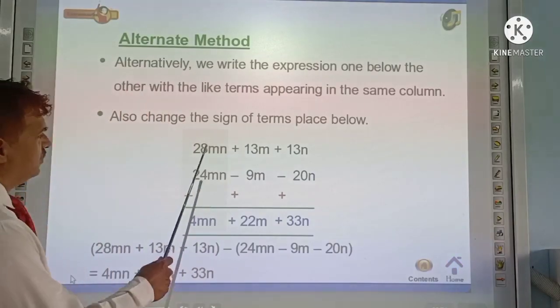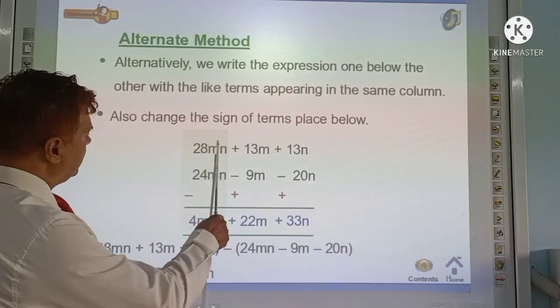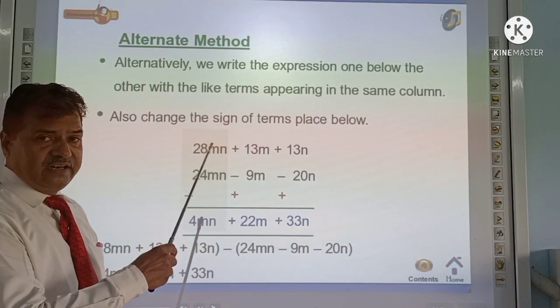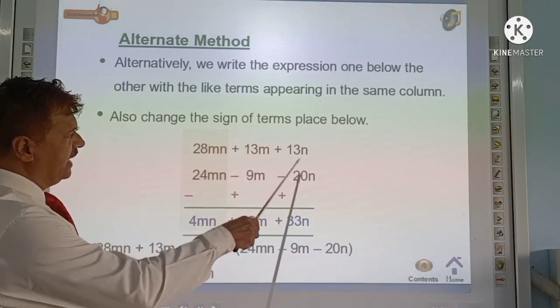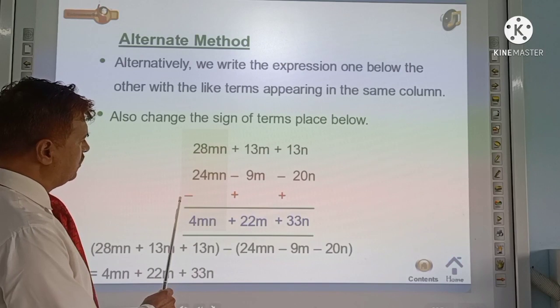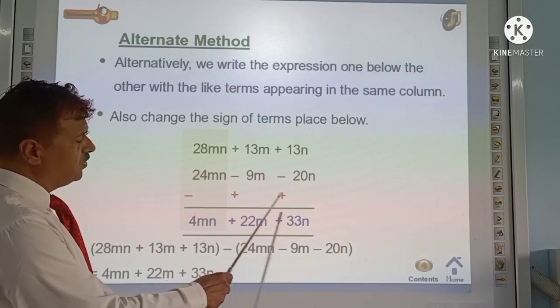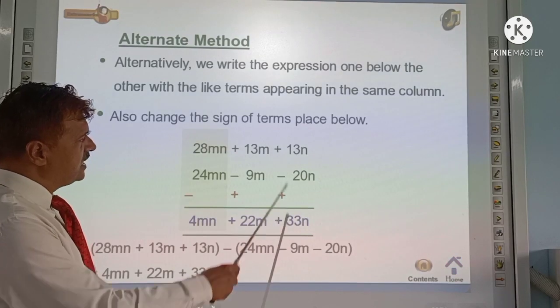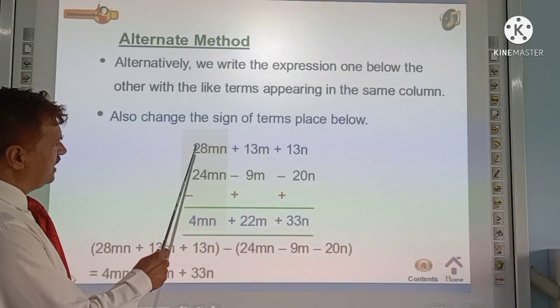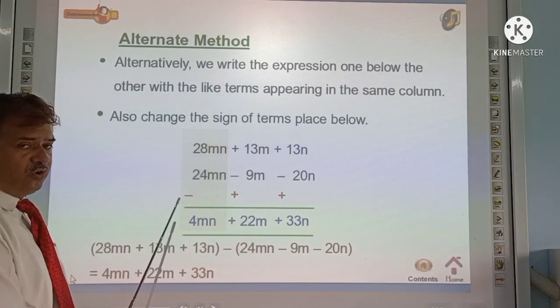Like this, we can write similar like terms with each other. mn under mn. Okay. We can change the sign of the lower terms. Then we solve like this. 28 is positive, 24 is negative.